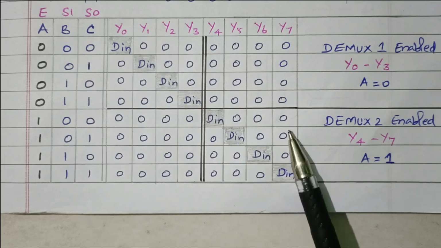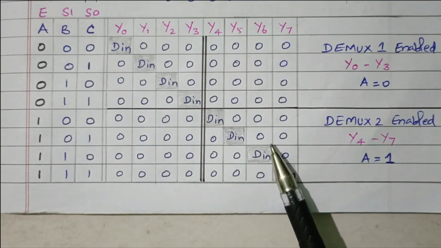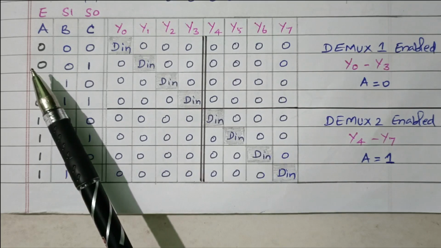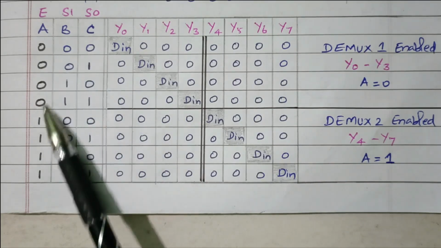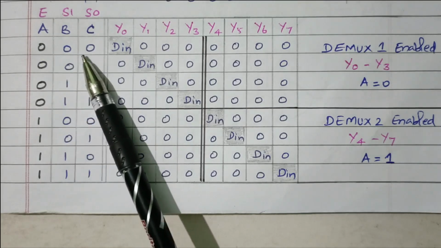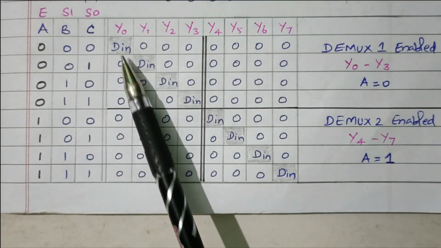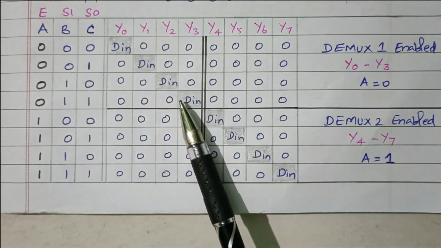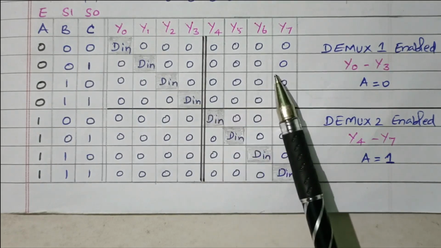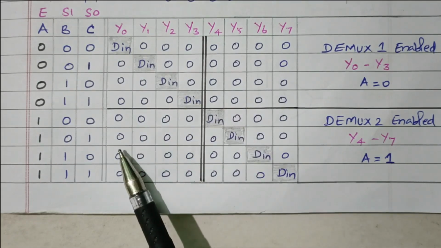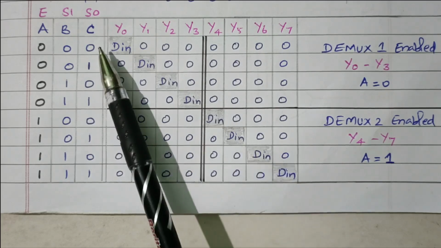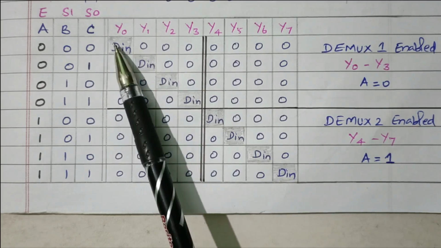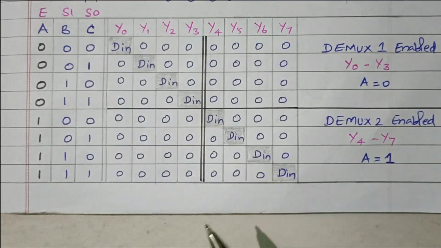This is the total output of the 1:8 demultiplexer, having only one input with selection lines. One is used for enable, the other 2 are used as selection lines, right? For the first 4 outputs, demux 1 is enabled, demux 2 is disabled. For the remaining 4 outputs, demux 1 is disabled, demux 2 is enabled. So that we are getting the corresponding outputs from Y0 to Y7.